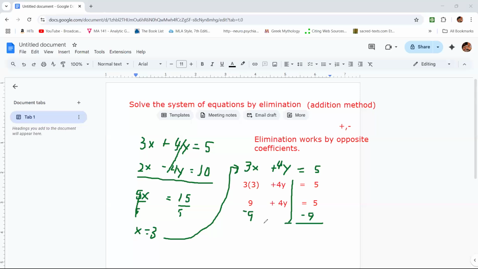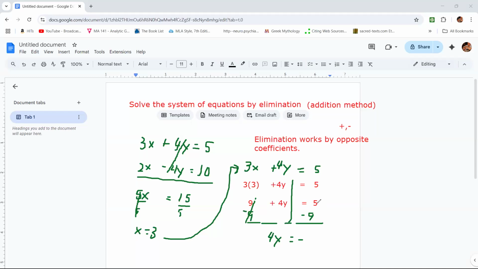So now these cancel, and I get 4y equals 5 minus 9. This is 5 plus negative 9. There are more negatives here, so the negatives win.